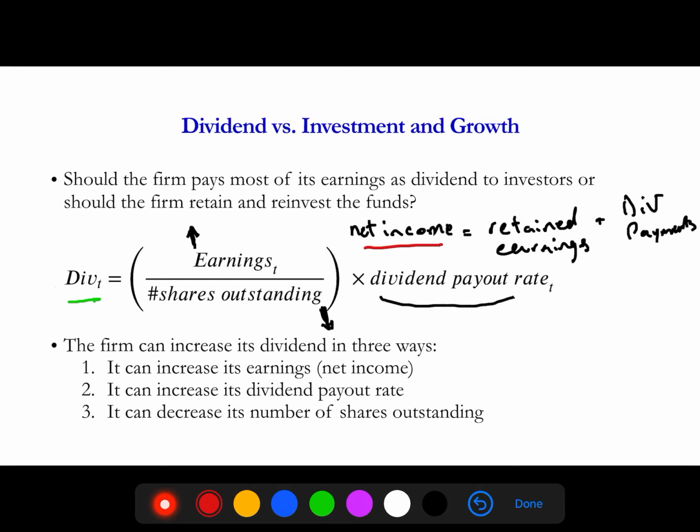The question here is, should we pay most of the firm's earnings as dividend payments, or should we retain those earnings and reinvest them in profitable projects in order to grow the firm? The quick answer is that this decision depends on the profitability of available investments to the firm.